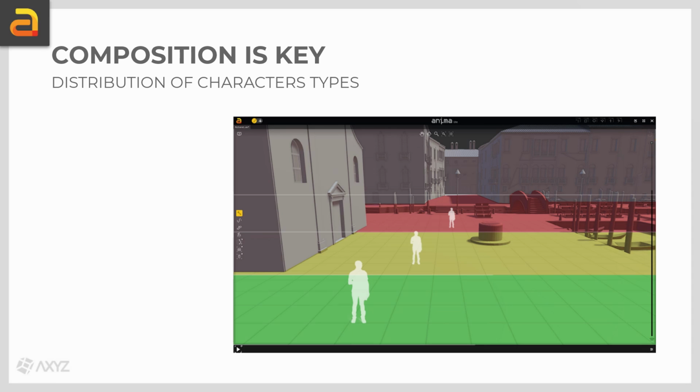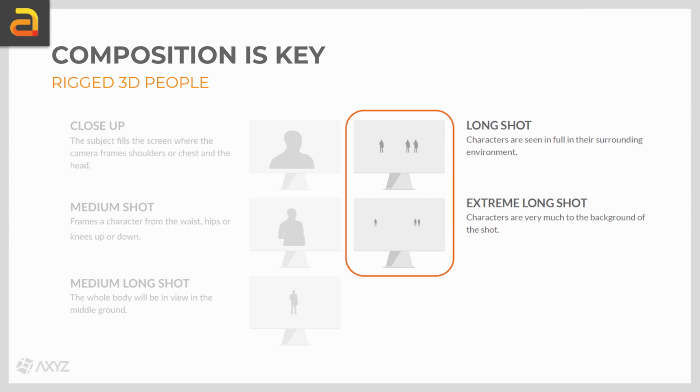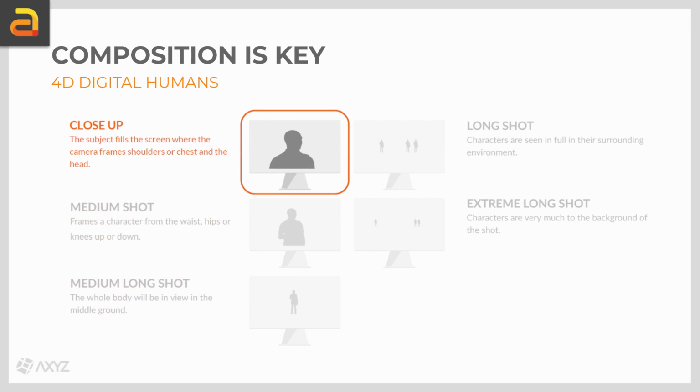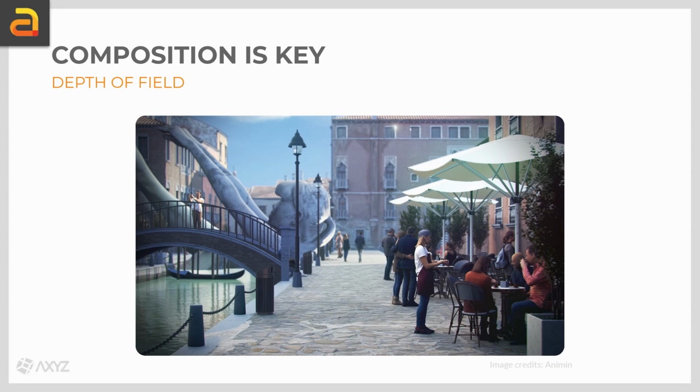You can set your shots by distributing the actors according to the background, the middle ground, and the foreground areas. We suggest using rigged characters in the background for long and extreme long shots, the ambient 3D characters in the middle ground for medium and medium long shots, the 4D digital humans in the foreground for closer shots, and finally use camera effects, such as depth of field, to hide those imperfections still remaining.